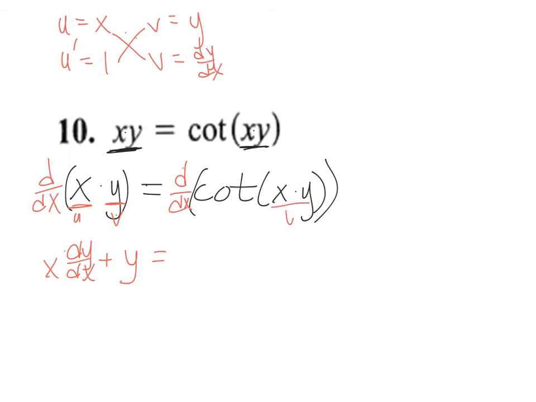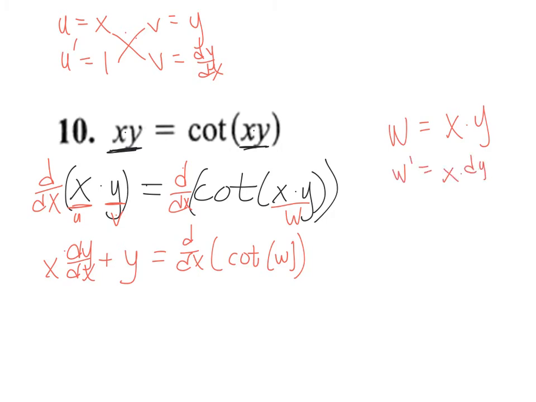I'm going to call this w, and rewrite this as d/dx of cotangent of w, where w is equal to x times y. The nice thing is we've already taken that derivative, so we know that w prime is equal to x dy/dx plus y. This came from over here.